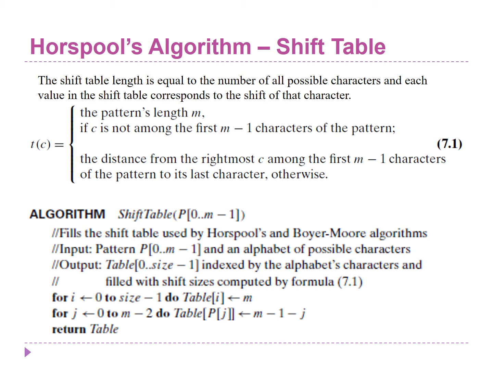All the values in the shift table are initialized to the pattern's length m. Then the distance from the rightmost C among the first m-1 characters of the pattern is noted and it is updated in the shift table in the corresponding position of the character.